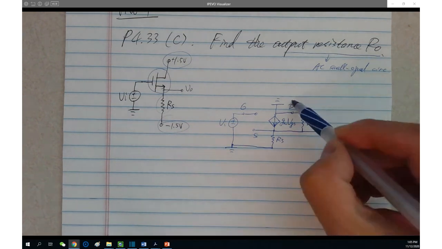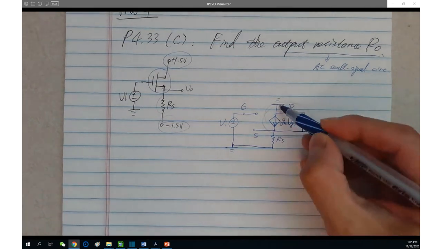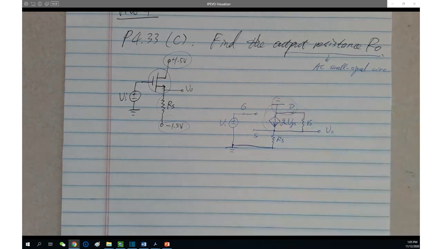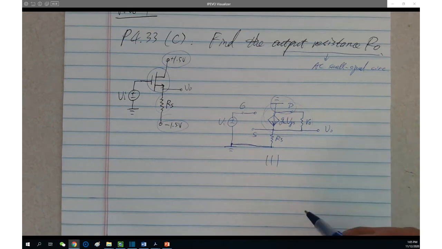Flip this part of the circuit down, so that I can short the drain ground with this ground down here. In other words, I'm going to do this.